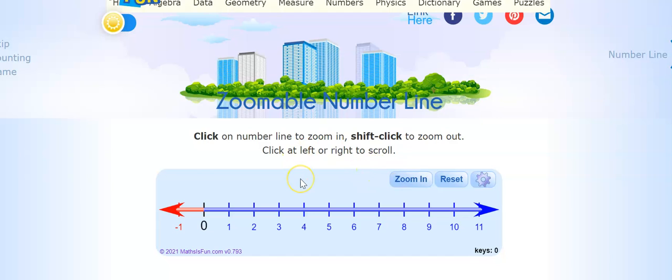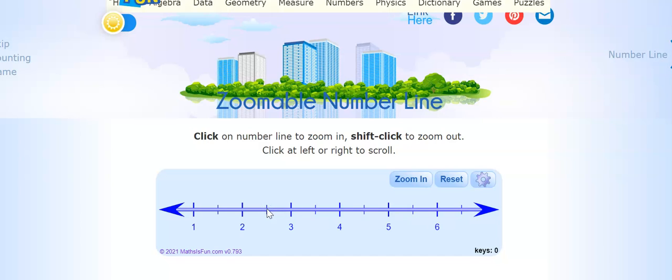So today we're going to be really zooming in on our number line, and we're going to be doing a little bit of counting. So let's look at some numbers that are between 2 and 3. Okay, so again, I'm going to click here between 2 and 3, and I'm noticing I'm getting some little tick marks.